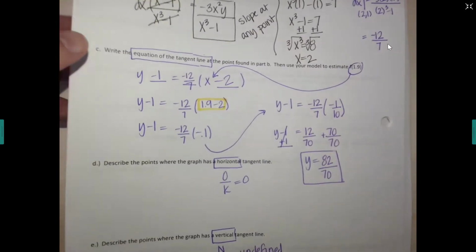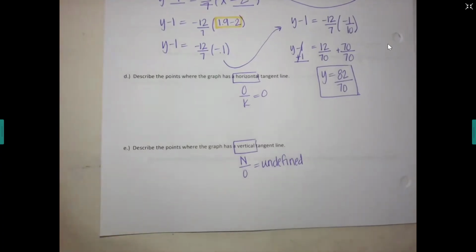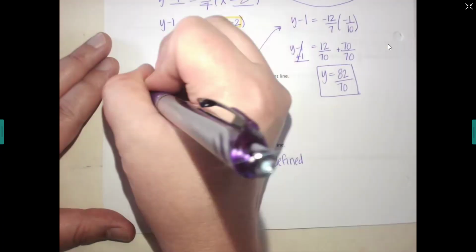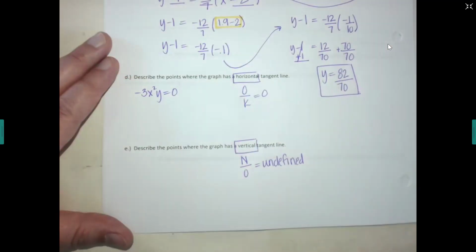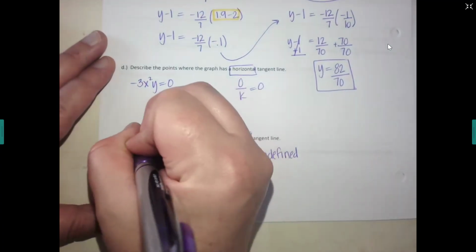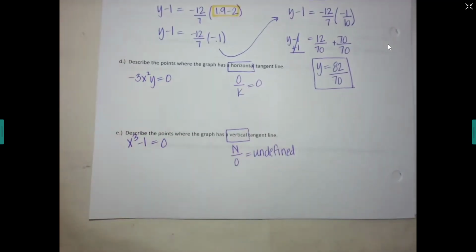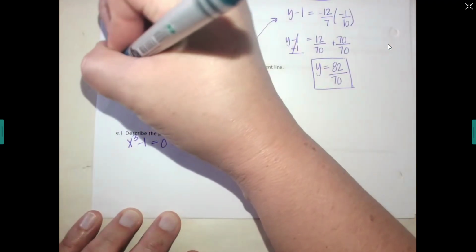So let's start with horizontal. What was the top of the dy dx? Negative 3x squared y equals 0. And then for vertical, I'm going to let the bottom equal 0, which was an x cubed minus 1. So this is top equal to 0.